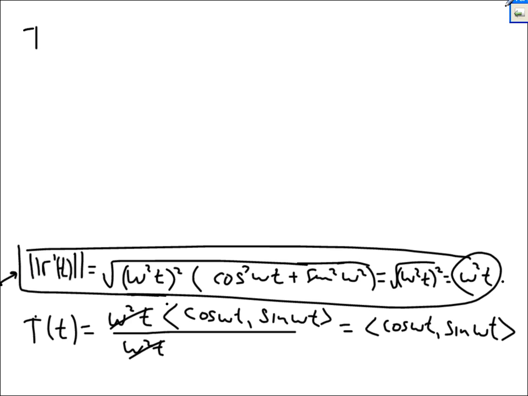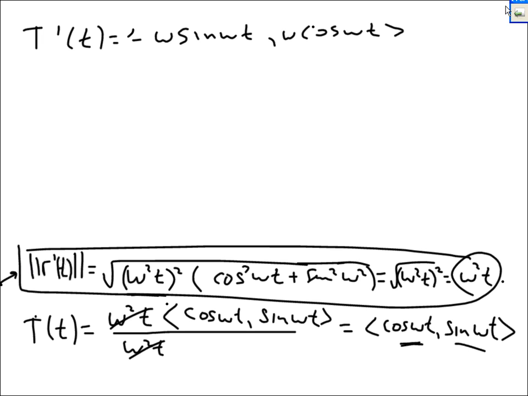So working from the last line, we can find T prime. The derivative of this, which is negative sine omega t times omega, comma, derivative of that, cosine omega t times omega. That's T prime. But the length is going to be, now, if you want, you can factor out the omega.